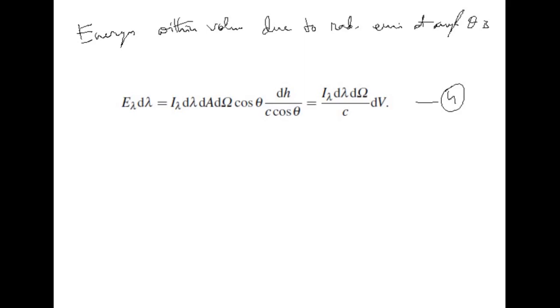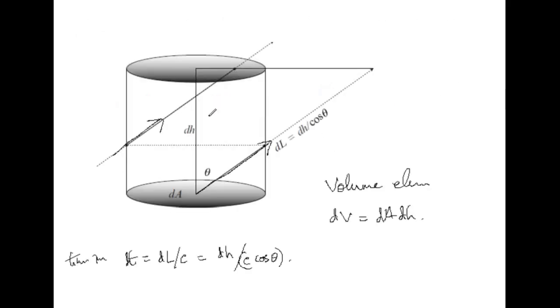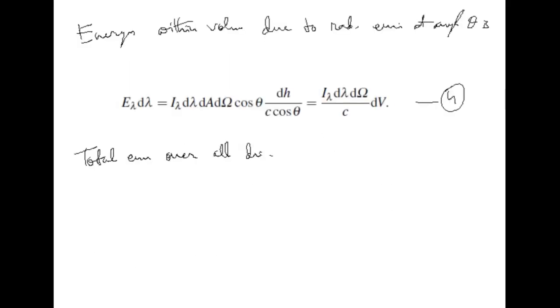Now what we are going to do is to find the total energy over all directions. This means including the radiation coming from the top of the volume as well. So here also coming from the top, and this is found by integrating over d omega.